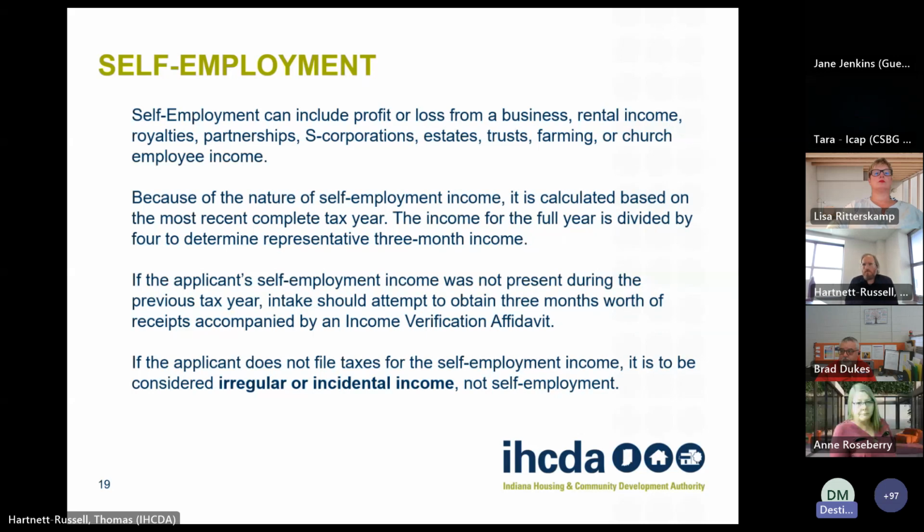In the past, we were told if they hadn't filed their taxes yet to have them record their gross income on an IVA. So did that change? No, as far as I can remember, this has been pretty consistent policy. Is that guidance that you got from me? Did I misspeak? I'm not sure.